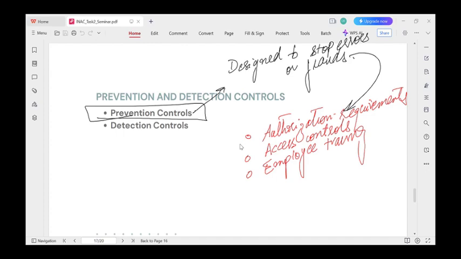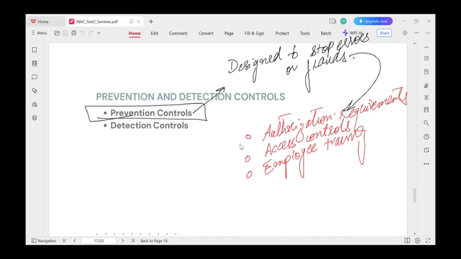So you are providing your employees with education on how to recognize, for example, phishing emails. If an employee recognizes a phishing email, obviously they're not going to click that link, and the company is not going to lose its access.